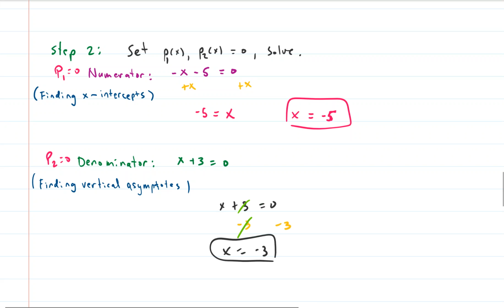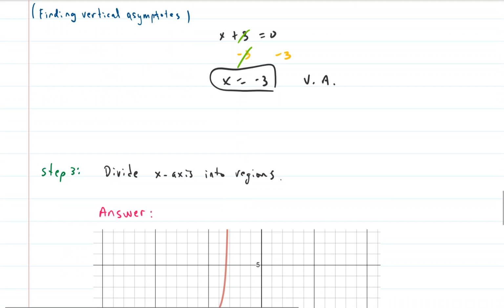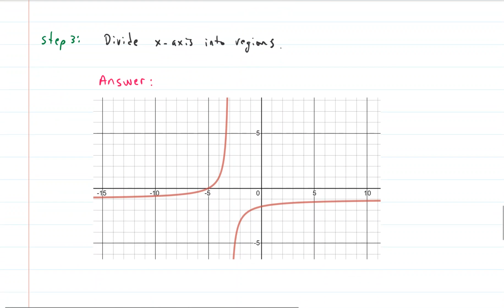So here is our vertical asymptote, and at x equals negative 3 and x equals negative 5, we have a root, or an x-intercept. We're done with step 2. We've found the 2 points on the x-axis where we can have a potential change in either above or below the x-axis, in the graph of our function.